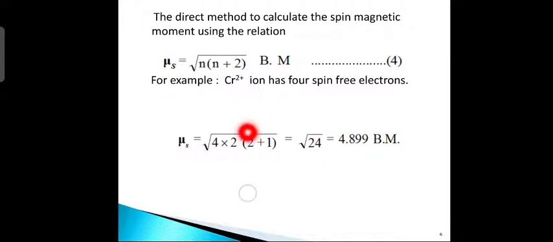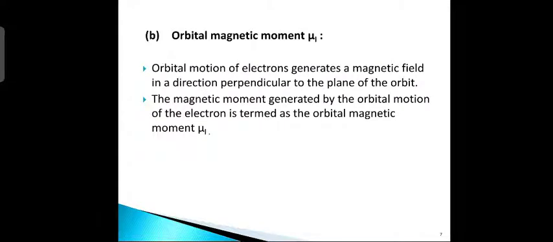So, how do you write the formula? Square root of 4 into 4 plus 2, n is equal to 4, so square root of 24, that is 4.899 Bohr magneton.